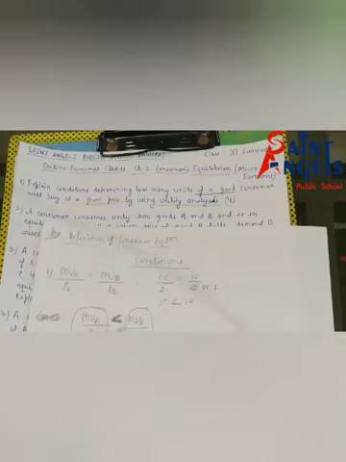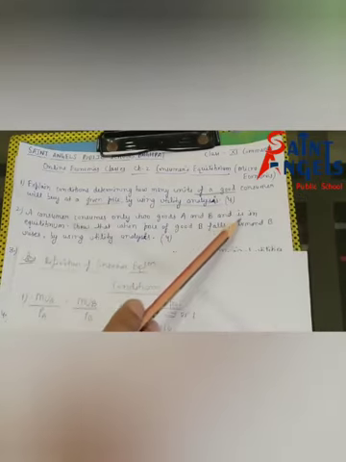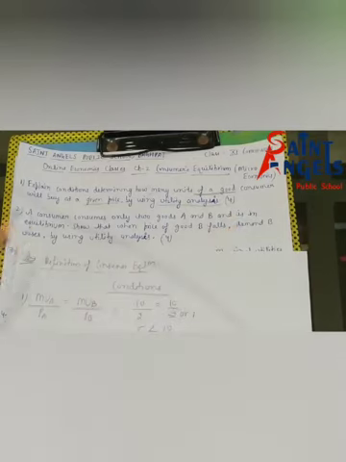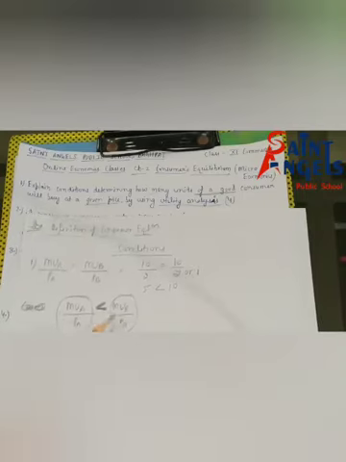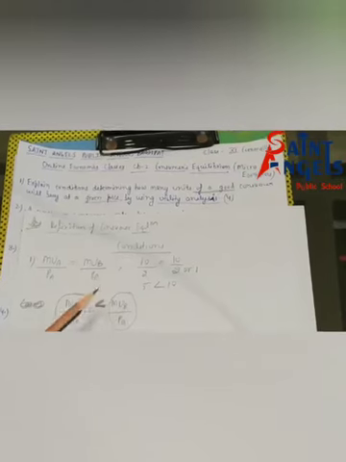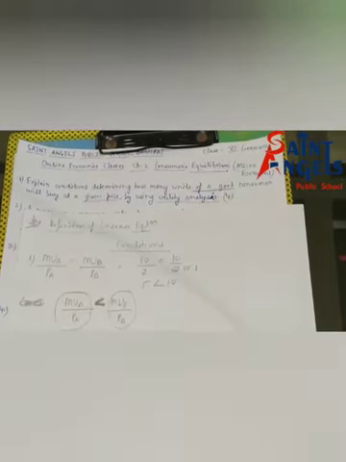Listen carefully. First of all, this is not a consumer equilibrium situation because both are not equal. The question is asking that the consumer is in equilibrium, so you will say that the consumer is not in an equilibrium situation.